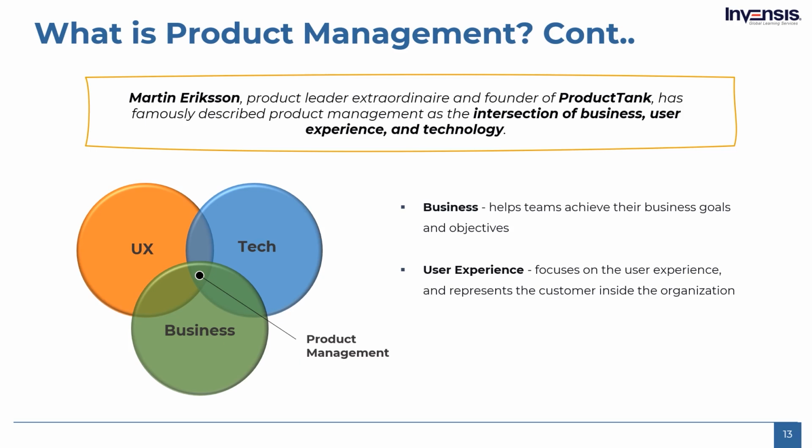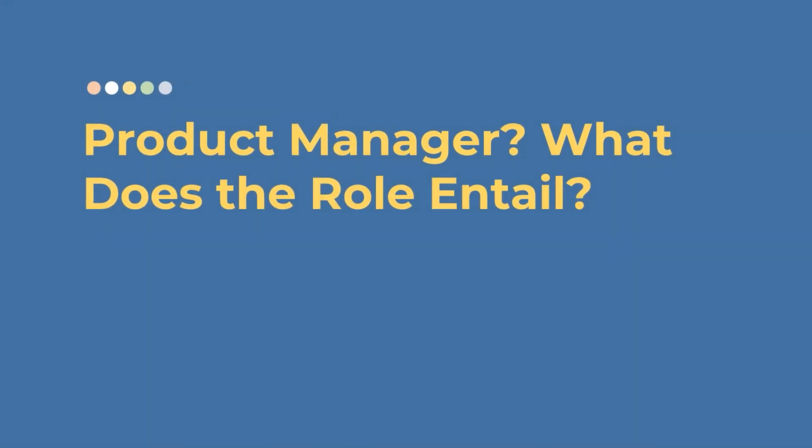Product management focuses on the user experience and represents the customer inside the organization. Great UX is how this focus manifests itself into an amazing product. Technology. Product management happens, day to day, in the engineering department. A thorough understanding of computer science is paramount. So, through product management, you align these three functions to basically ensure that your customer gets the product that he or she wants. At the same time, you meet your business strategy.